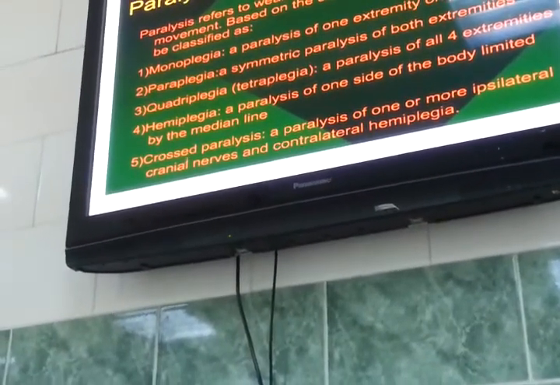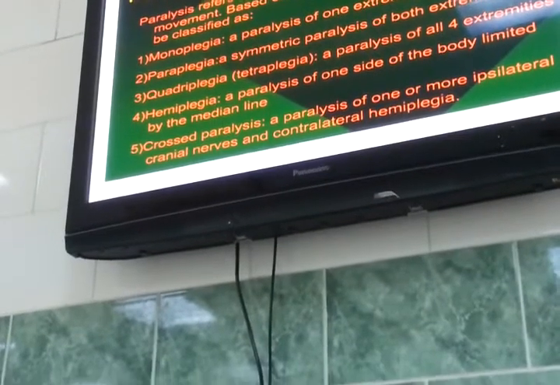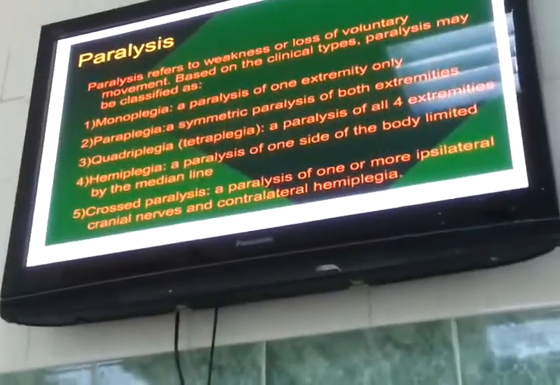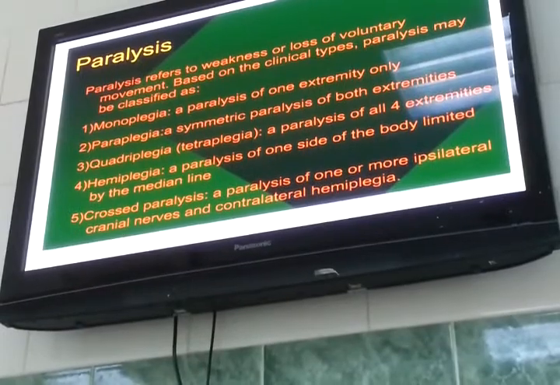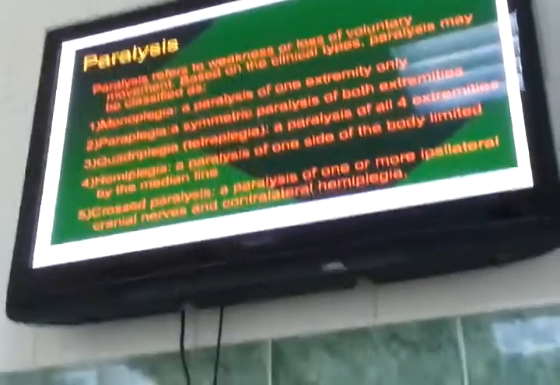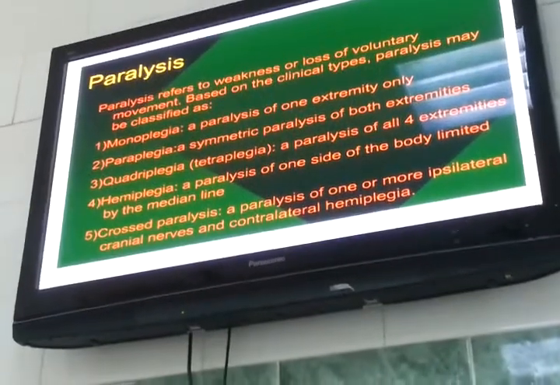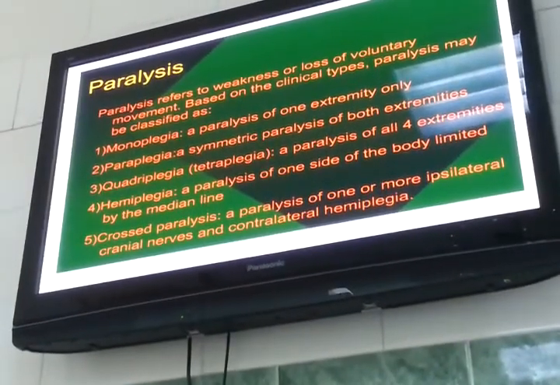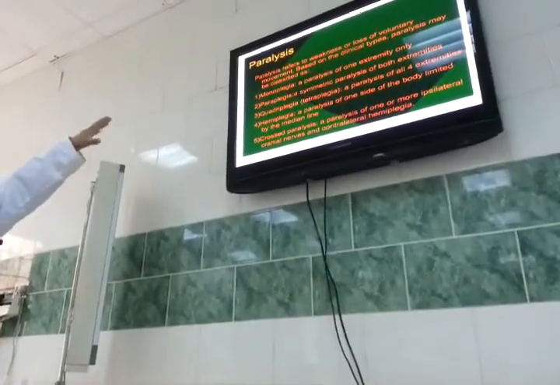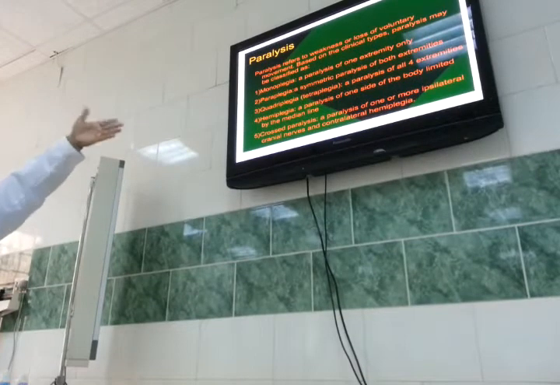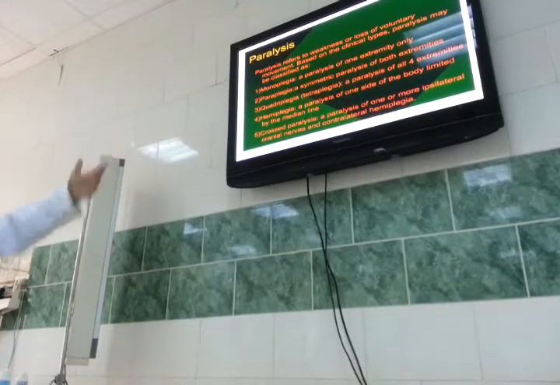These terms are very common: monoplegia, paraplegia, quadriplegia, hemiplegia, and cross paralysis. You have to memorize these terms. In the exam I can ask. It is very easy if you understand.